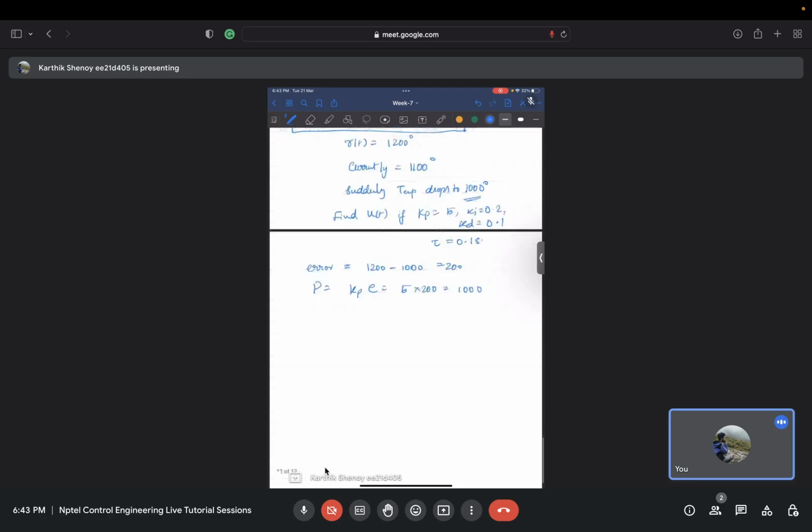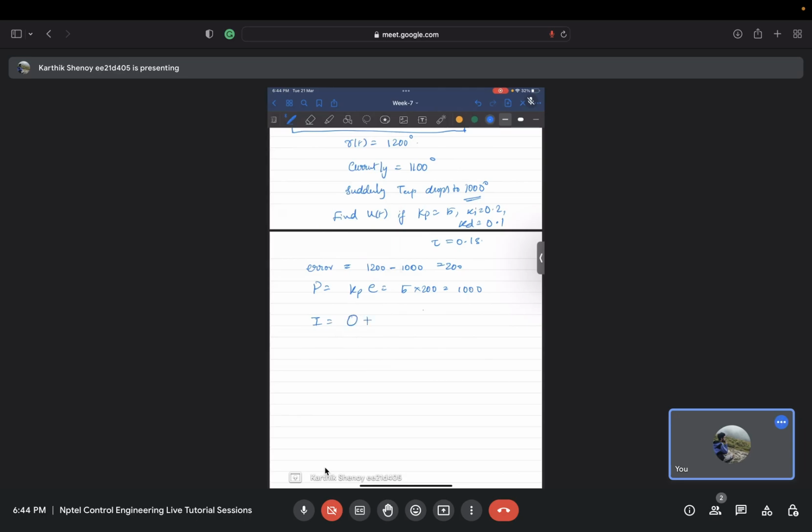So you know how these are connected, right? There will be error, there will be Kp, it will be added, then there is Ki, the integral, then it will be added, then there is Kd and a derivative, it will be added and given. So we have to add all three and give. Secondly, the integral: previous is 0, I am starting.